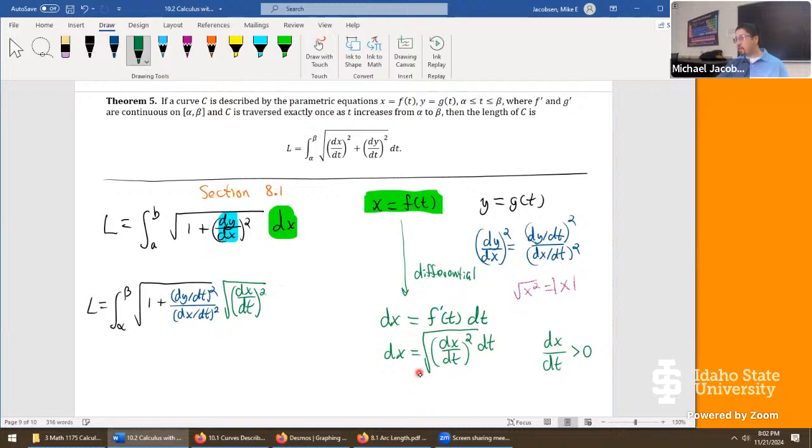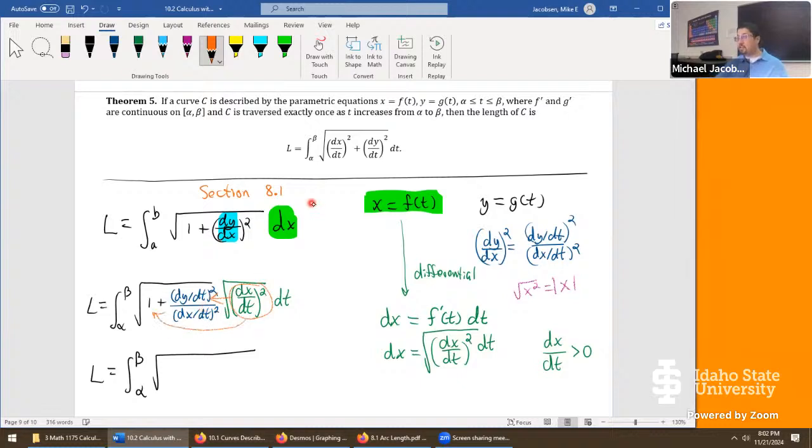Then from this part right here, we go down to this line and put in the differential written as root (dx/dt) squared dt. Now, if you're multiplying two square roots like this, it's pretty forgiving algebraically. You'd get this result. Go from alpha to beta, square root. This distributes inside. When it multiplies here, it just clears out the denominator.